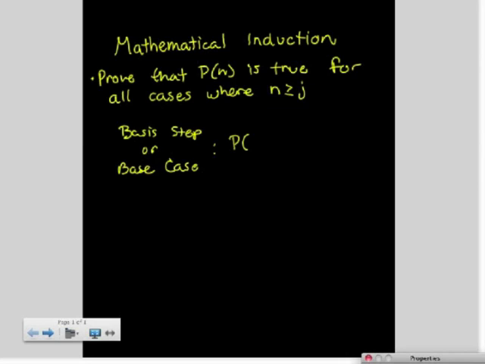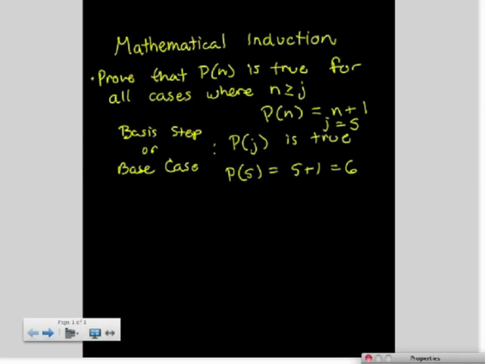Then you're going to show that P of whatever that number is true. So, for example, if P of n is n plus 1 or something, and say j is 5, then you would just say P of 5 is equal to 5 plus 1 equals 6.